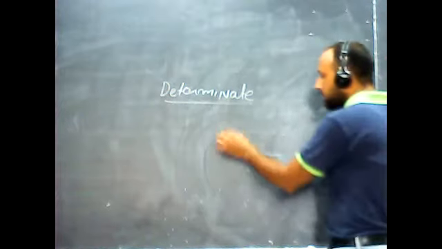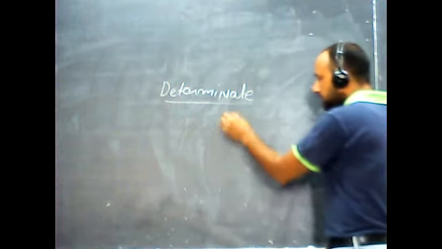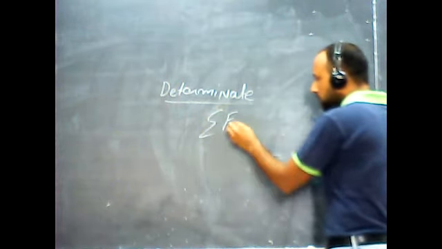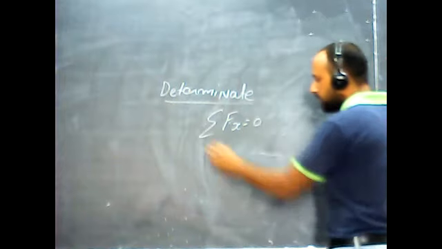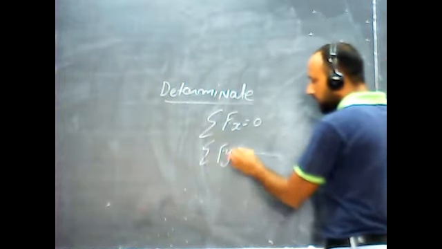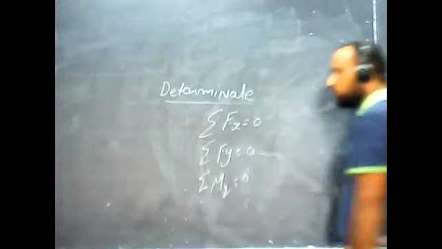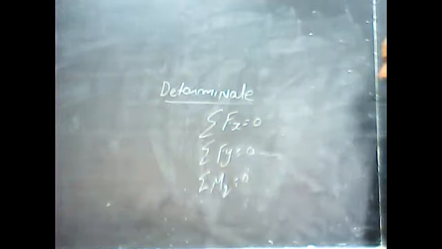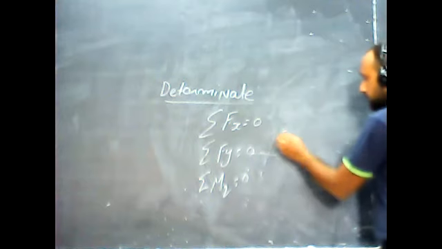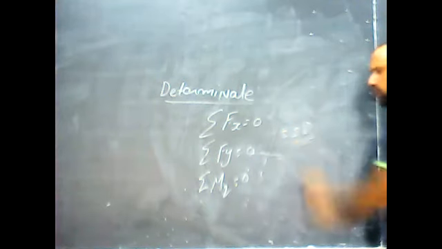These are the three equilibrium equations in case of 2D structure. These things you already know.